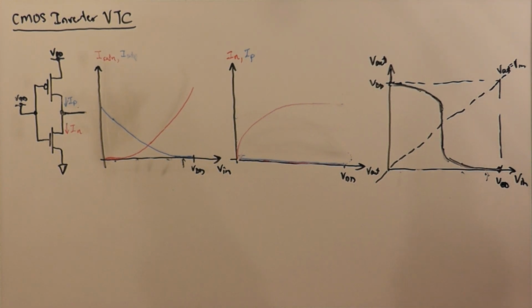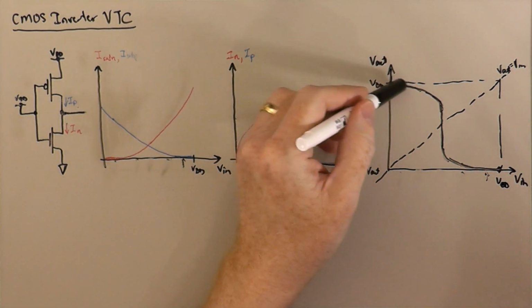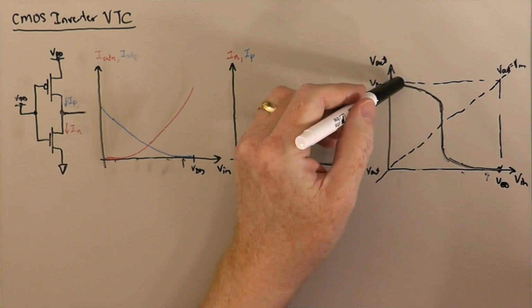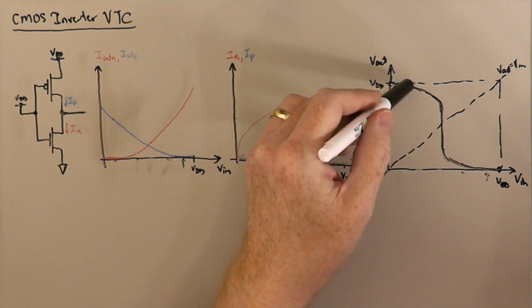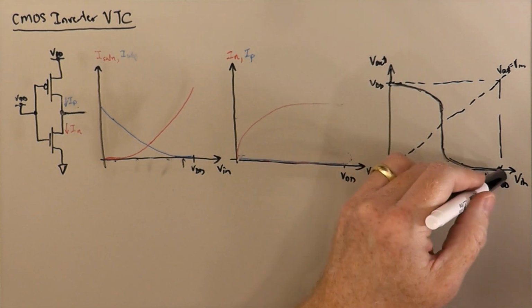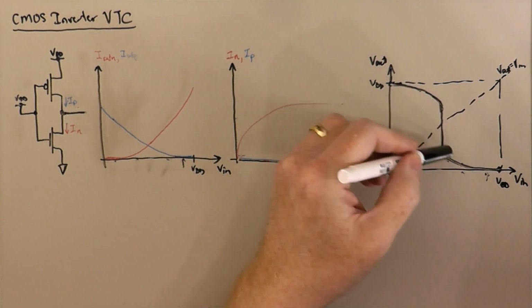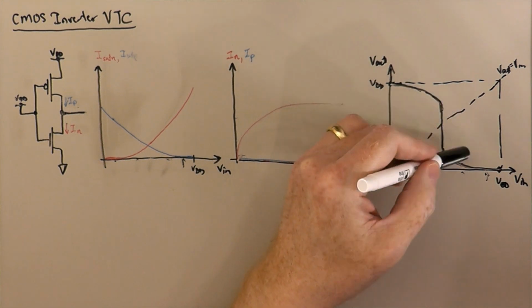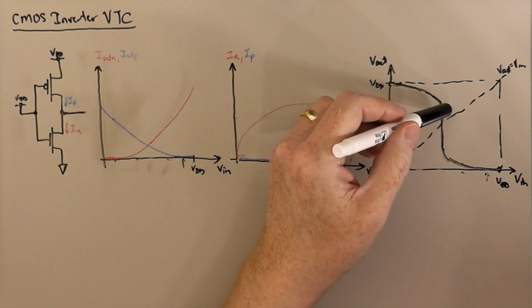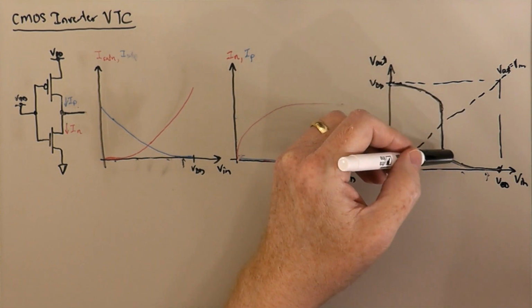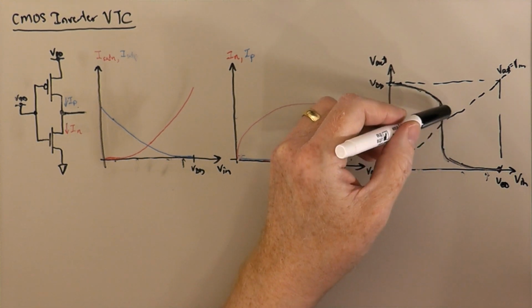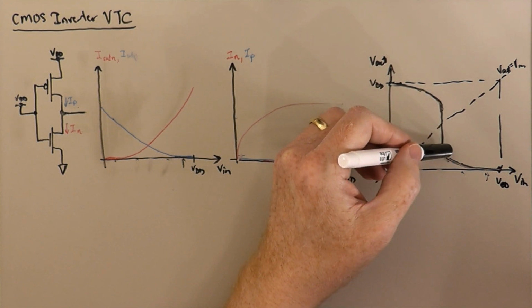And so we have these shallow regions where up here the NMOS transistor is in weak inversion and the PMOS transistor is in weak inversion down here. And then we've got this area where they're both kind of in strong inversion, and this steep part of the curve is where both of the transistors are in strong inversion and in saturation.